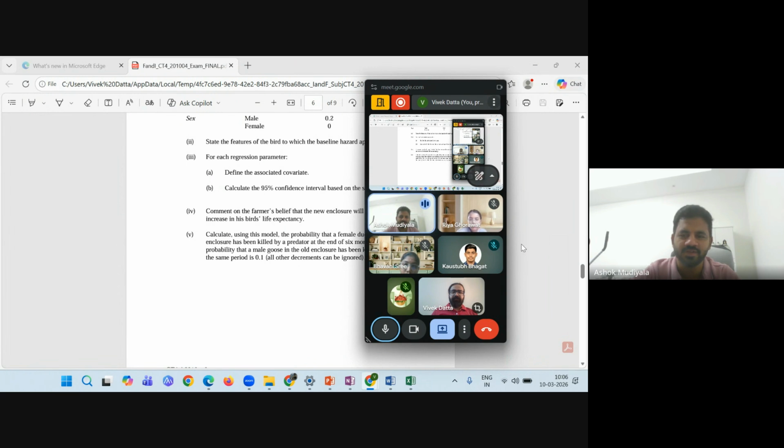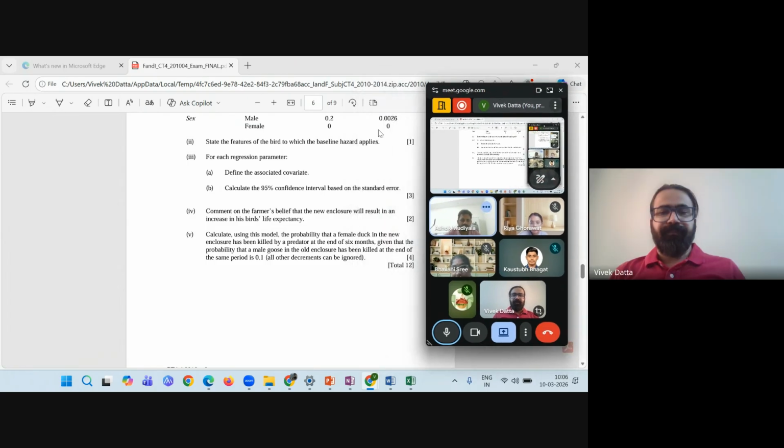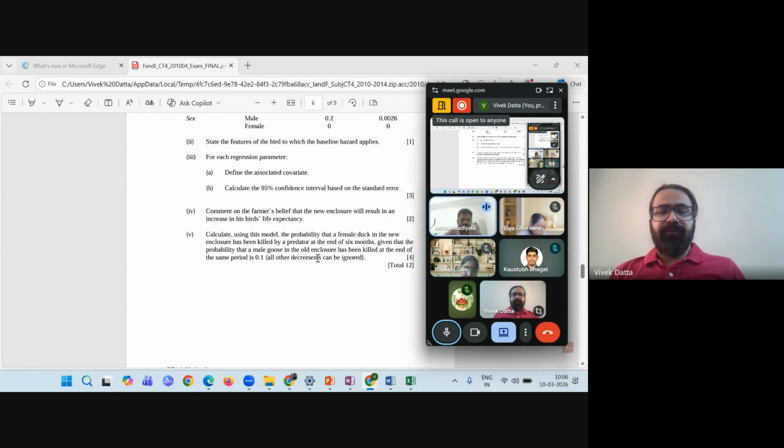The survival function we need to use, that I understood, but how do I apply this? You've been told that the probability that the male goose in the old enclosure has been killed at the end of the same period is 0.1.